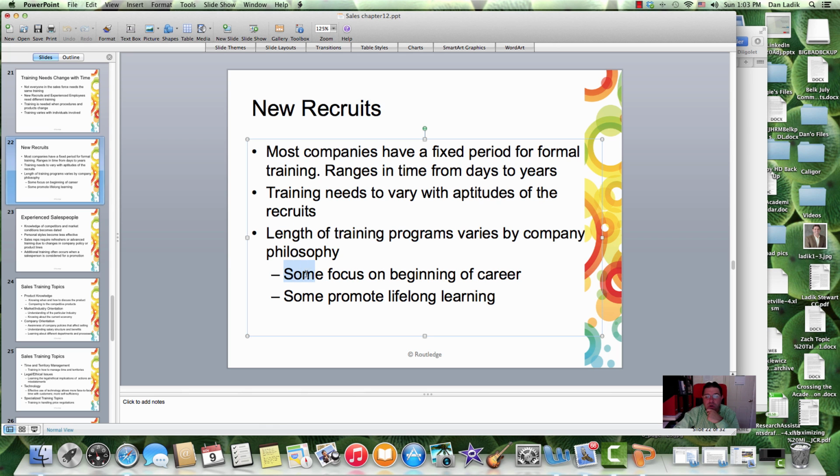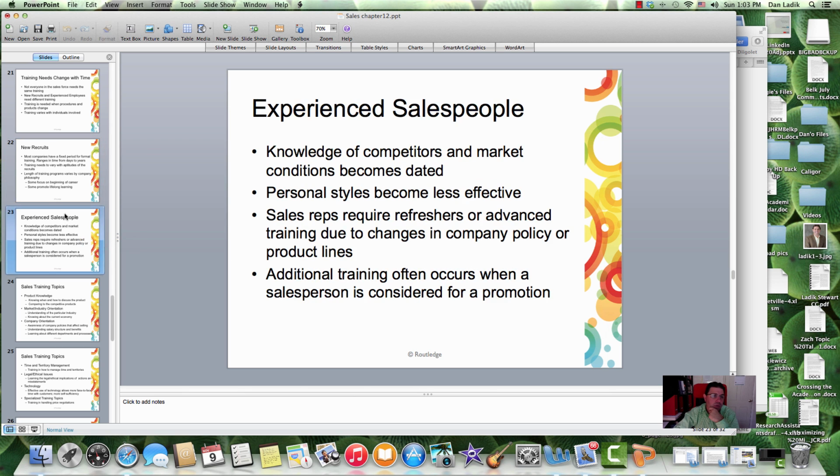And we're talking about the beginning of a career, and we're also talking about lifelong learning during a career. Experienced salespeople have knowledge of competition in the market. It may become dated. They might need updated tools, information.